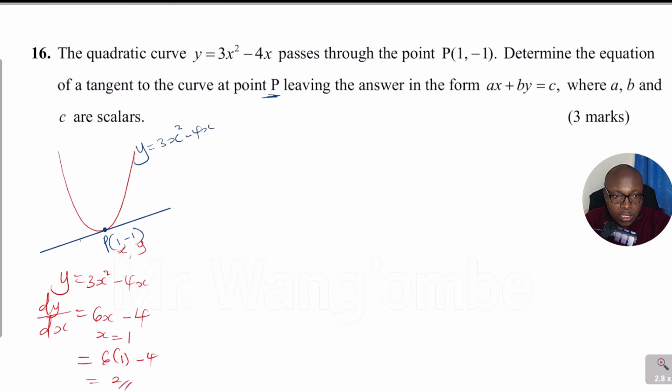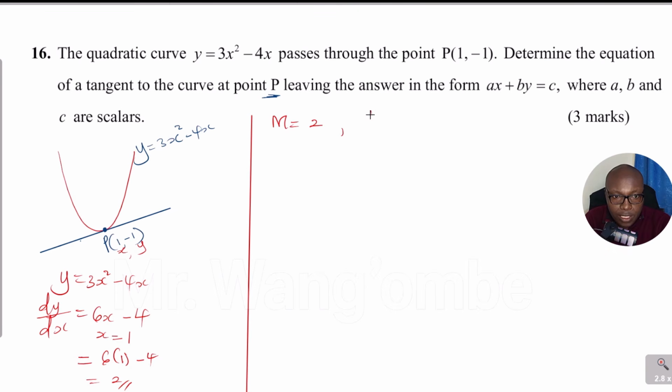So the gradient of the curve at point P is 2, and that is also the gradient of the tangent.